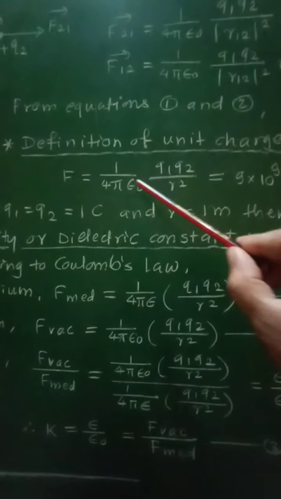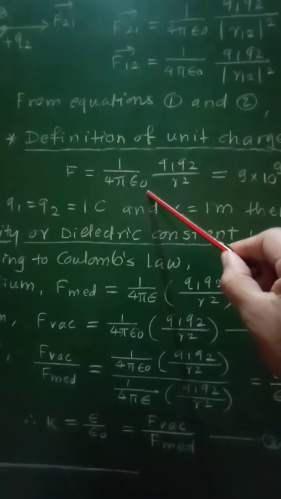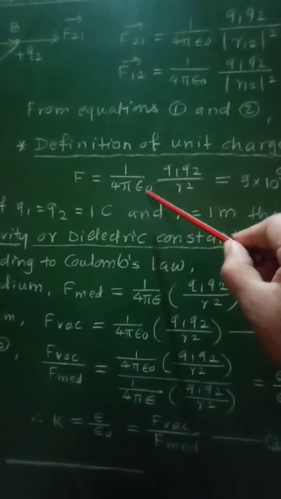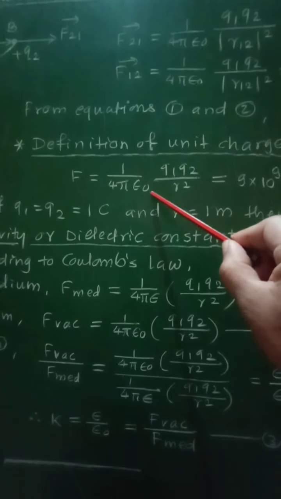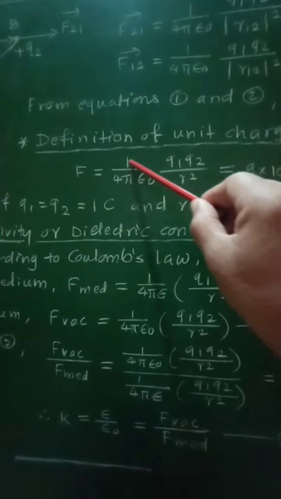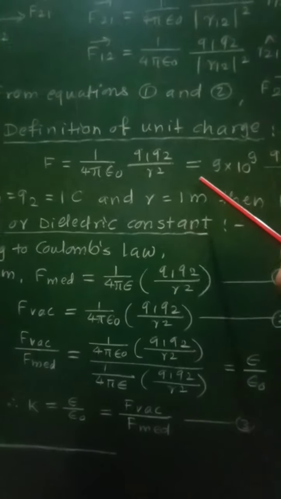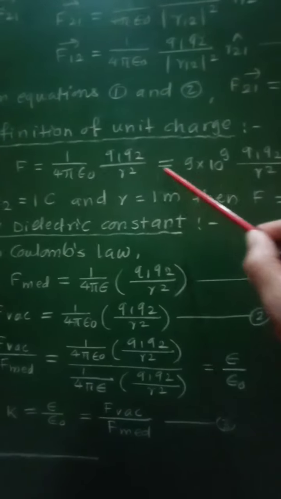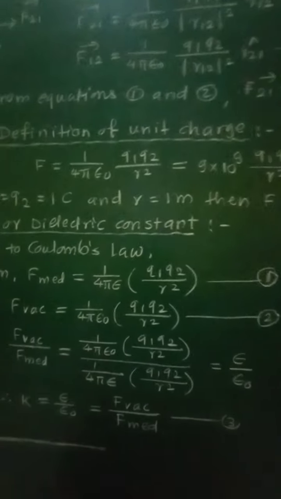The value of epsilon 0, the permittivity of free space, is 8.85 into 10 raised to minus 12 SI units. If you put the value of this factor, it comes out to be 9 into 10 raised to 9, into Q1 Q2 by r square.